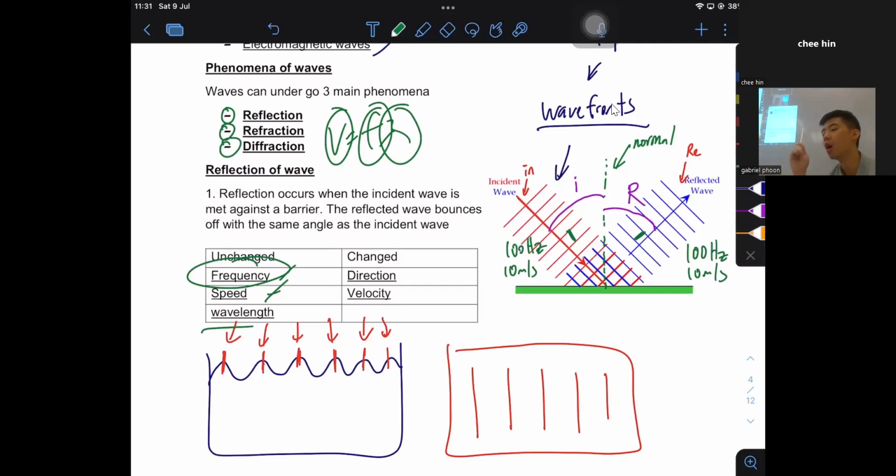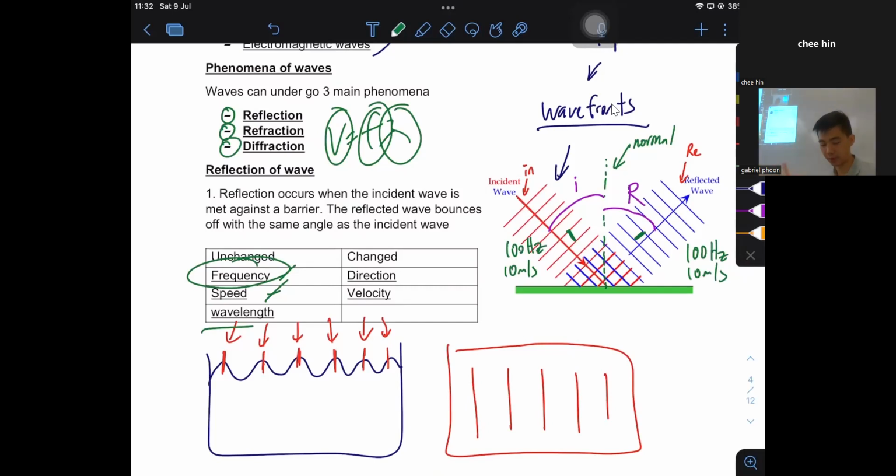Or they'll ask you, okay, this wave is going through diffraction. State what happens to the frequency after diffraction. It will be the same damn answer as well. The frequency will never ever change, okay? Very, very important. This one for sure will be asked in IGCSEs. You need to remember that frequency never changes regardless of whatever phenomena it is.